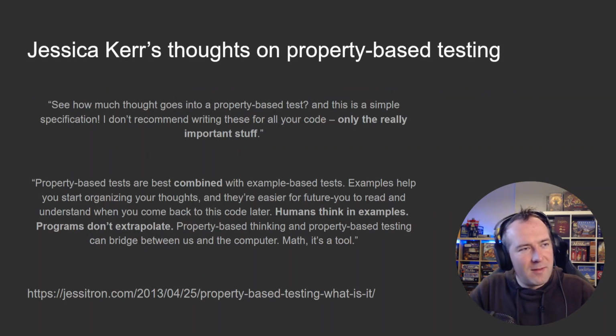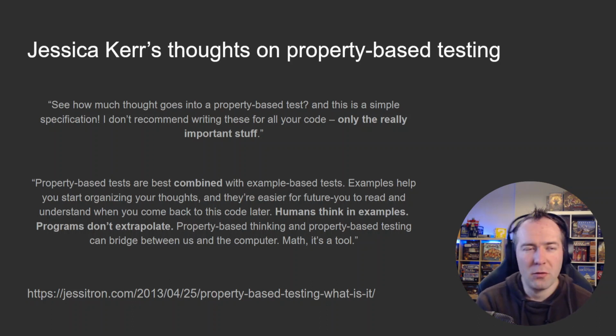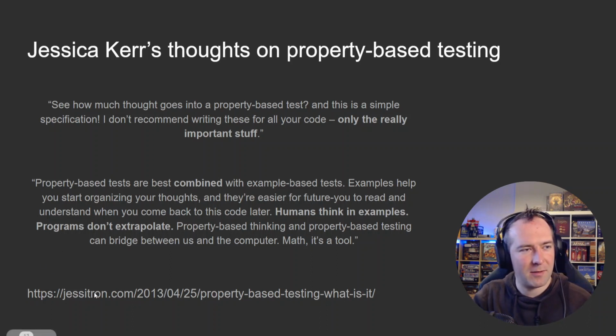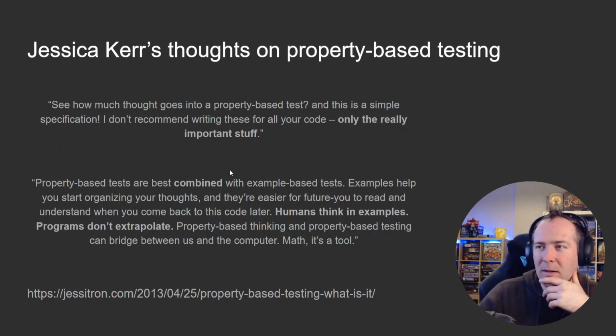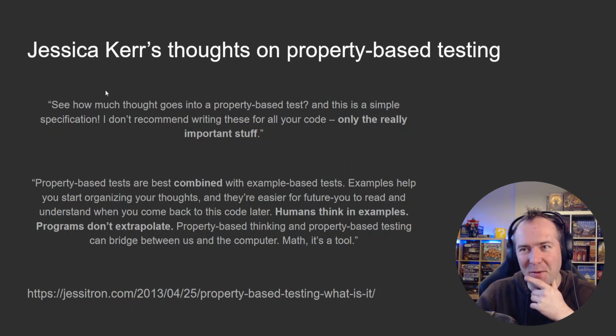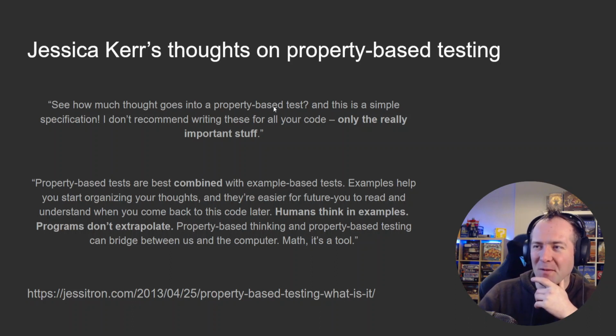To go out, I have a quote from Jessica Kerr's blog on property-based testing, or I have two quotes actually, and I love that post. Make sure you read it if this sounds interesting at all. But let's quickly pause at these quotes, because they're very true. See how much thought goes into a property-based test. And this is a simple example.